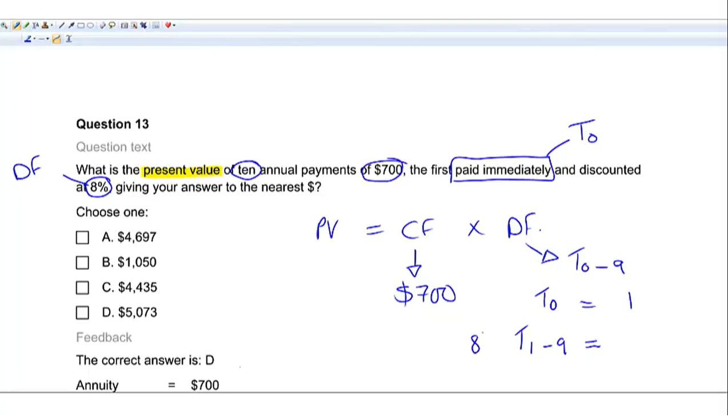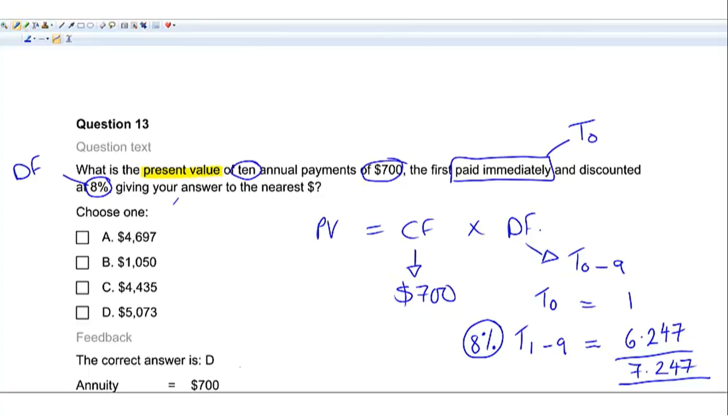If we look at time periods 1 through to 9 on the annuity table at an interest rate of 8%, we will see a discount factor of 6.247. If we add that to the 1, being the discount factor for time period 0, it gives us a total cumulative discount factor of 7.247. That will account for the 10 annual payments from time period 0 through to time period 9.